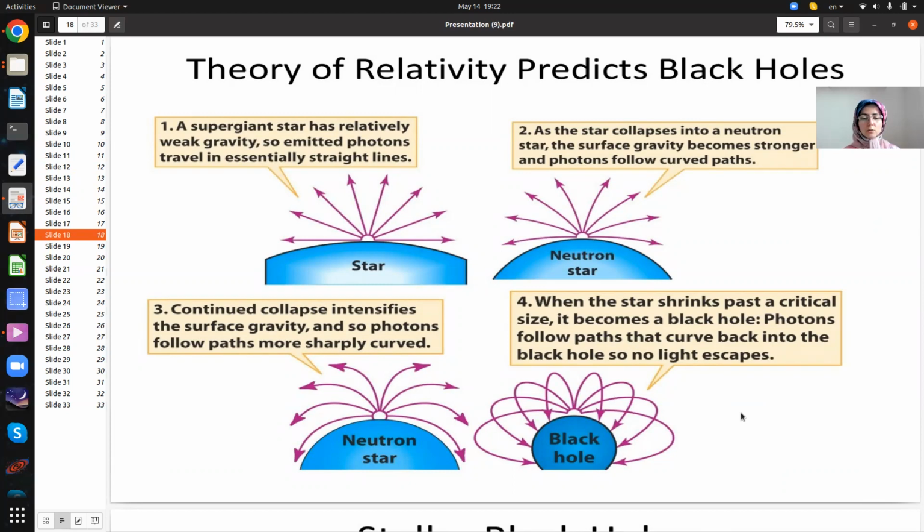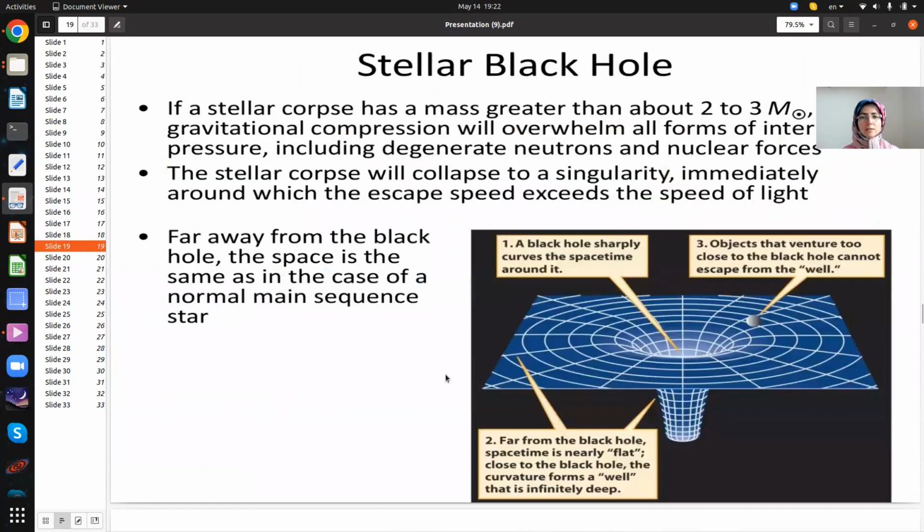And also, if the strong force cannot stop the collapse, then we have black holes, and they do not radiate any flux. A stellar black hole: if a stellar corpse has a mass greater than about 2 to 3 solar masses, gravitational compression will overwhelm all forms of internal pressure, including degenerate neutrons and nuclear forces.